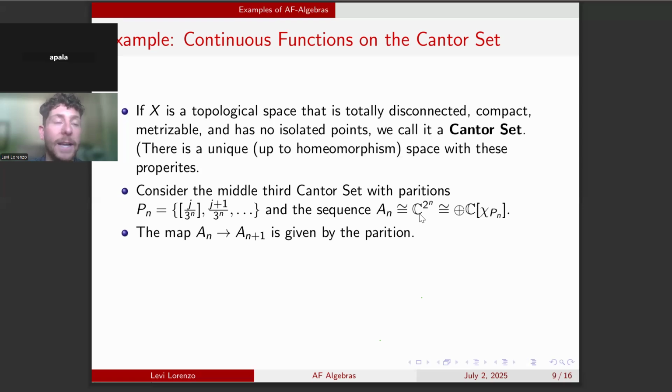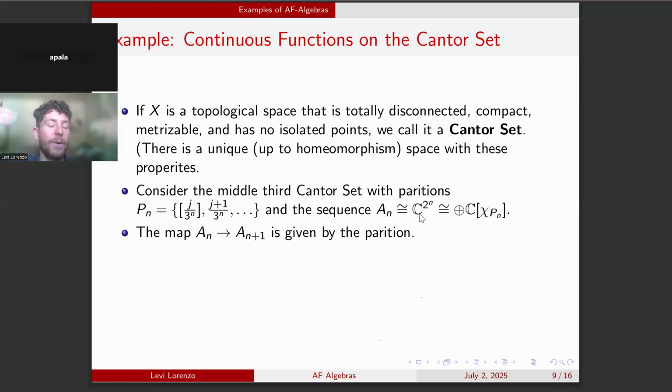So if we look at the first level of partition, we have 0 to 1/3 and 2/3 to 1, and you're thinking about the continuous functions on these two different pieces, or rather, the complex number multiples on these two pieces.